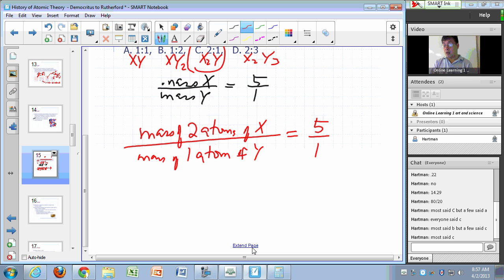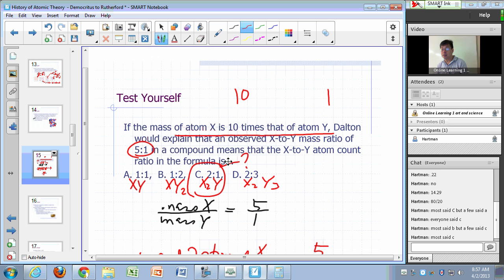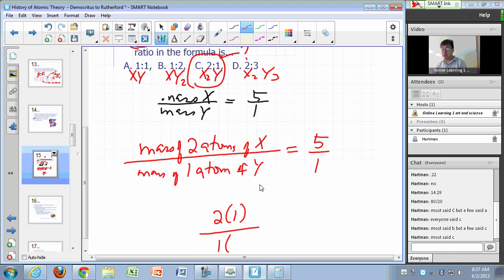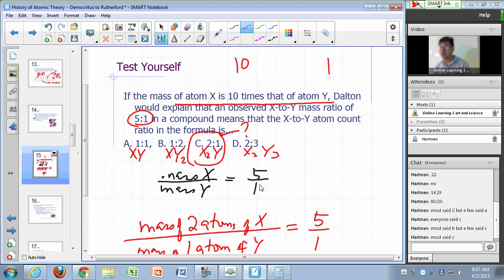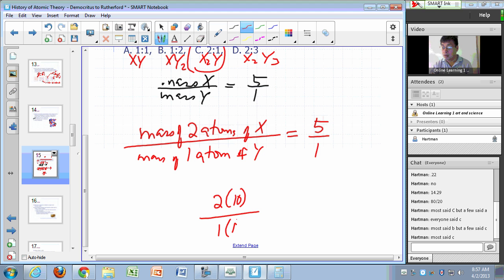So it's 2 times the mass of atom X over 1 times the mass of Y. It's 10, right? So it's 2 times 10 over 1 times 1. Is that equal to 5:1? Would that be correct?